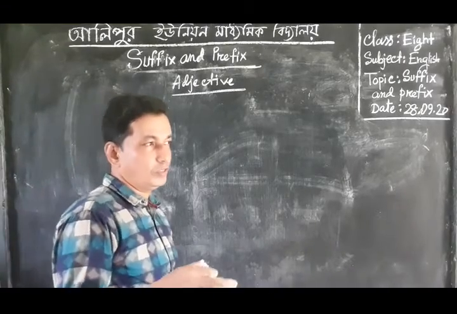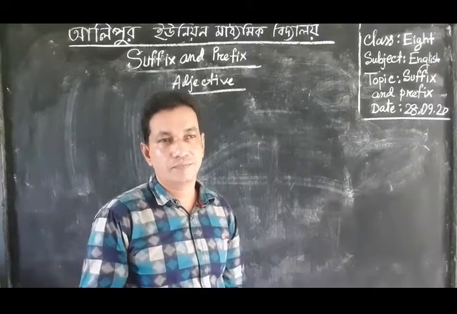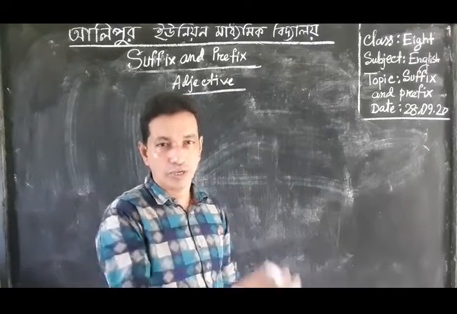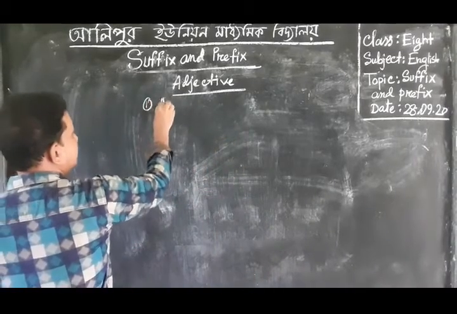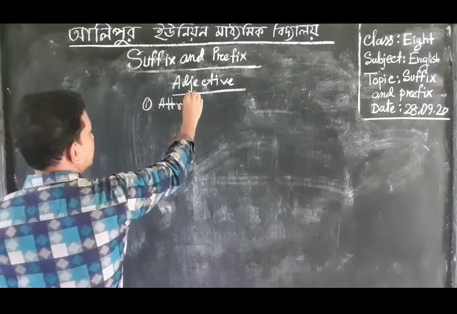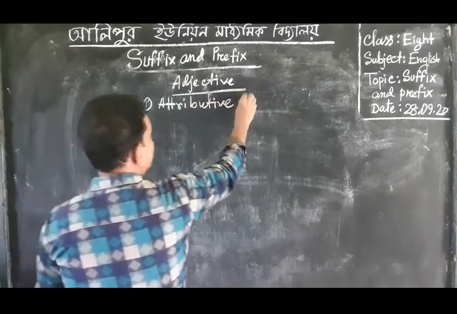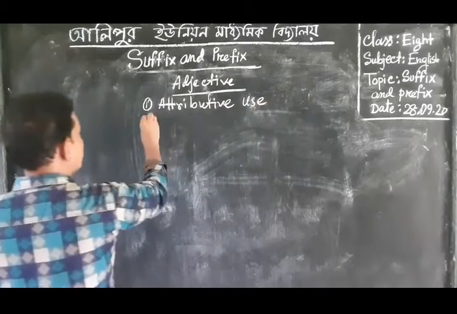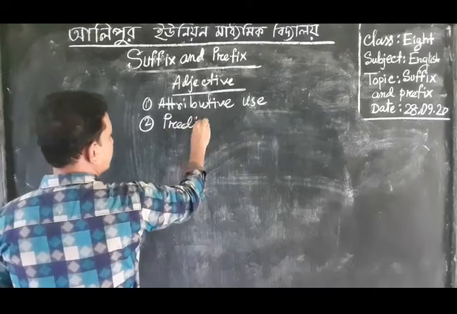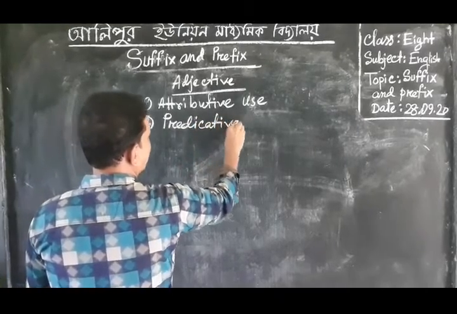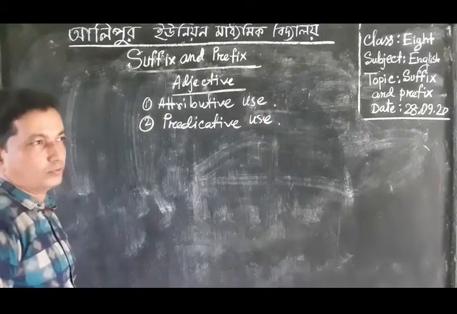Adjective. An adjective sits in a sentence in two ways: one, attributive use; two, predicative use.